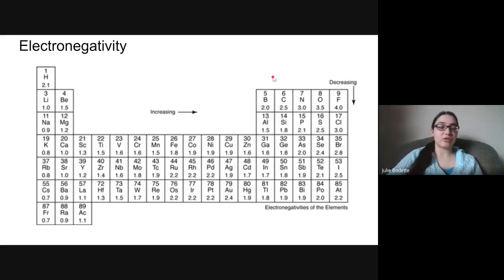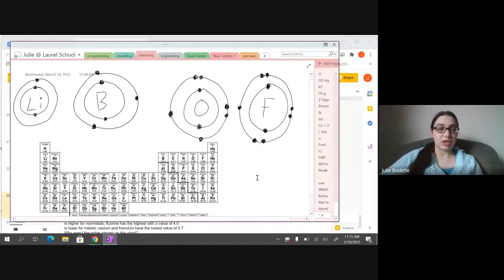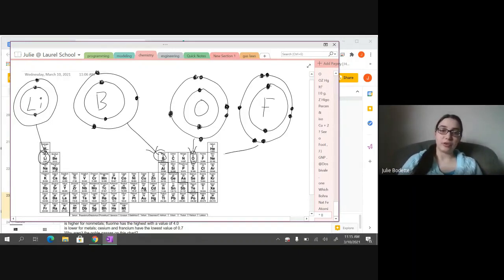Let me go ahead and show you guys some Bohr diagrams to really cement this. I've drawn the Bohr diagrams for lithium, which is right here, boron, which is right here, oxygen, which is right here, and fluorine, which is right here. So let's think about what each one of these would do if it were to form bonds.